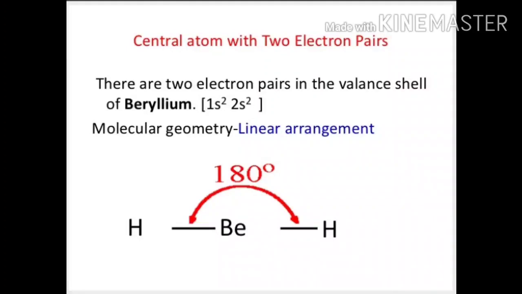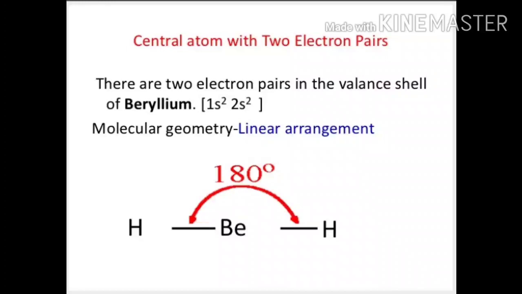The example is beryllium hydride. Here beryllium is the central atom and two hydrogen atoms are surrounding atoms. Beryllium hydride has two bonded pairs of electrons.